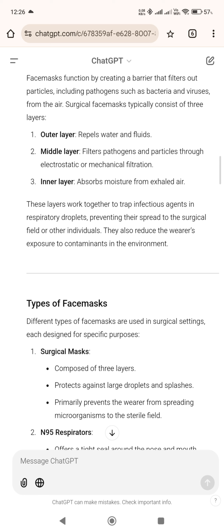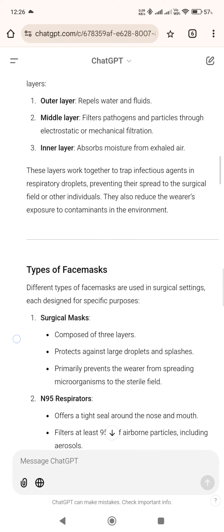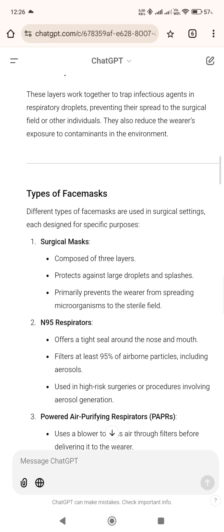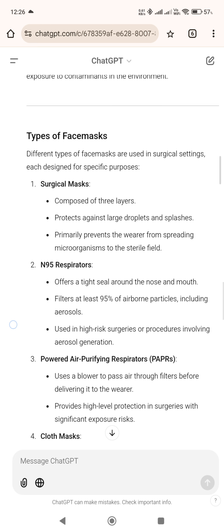Types of face masks. Different types of face masks are used in surgical settings, each designed for specific purposes. 1. Surgical masks, composed of 3 layers. Protects against large droplets and splashes. Primarily prevents the wearer from spreading microorganisms to the sterile field. 2. N95 respirators. Offers a tight seal around the nose and mouth.